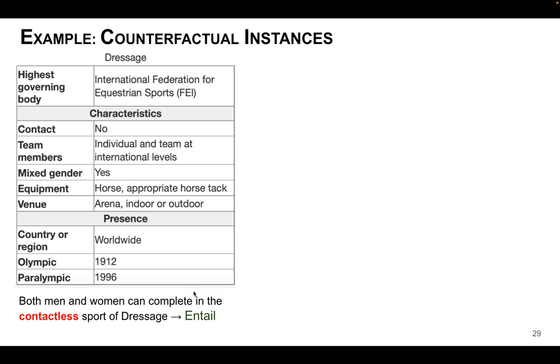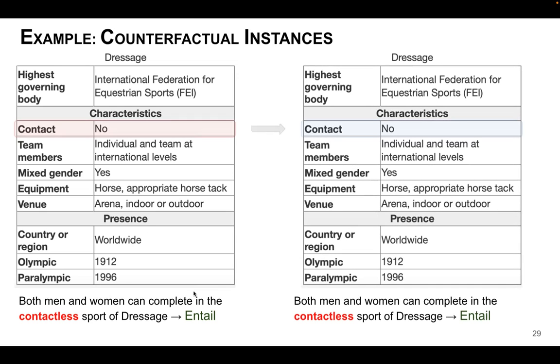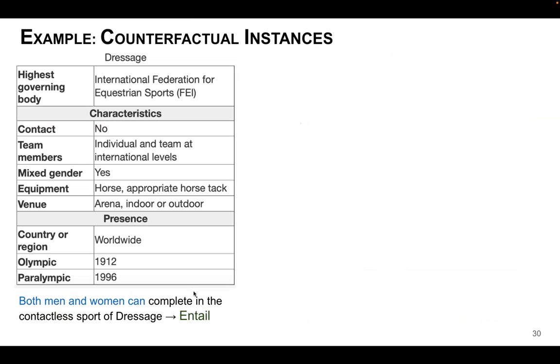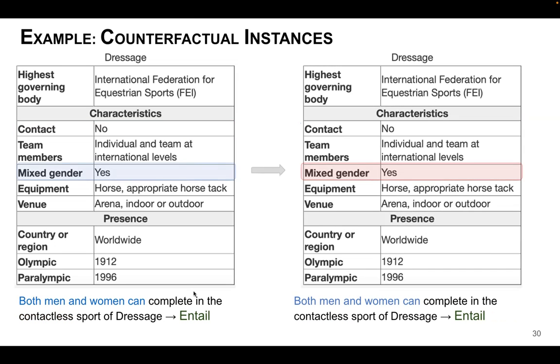Let's look at an example. In the dressage table, with the hypothesis "both men and women can compete in the contactless sport of dressage", the label is entail. But now if I take the contact row, which is relevant, and change it to yes, then the prediction should change to contradict. Similarly, if I take the mixed gender row and change it to no, then the model prediction should change to contradict.